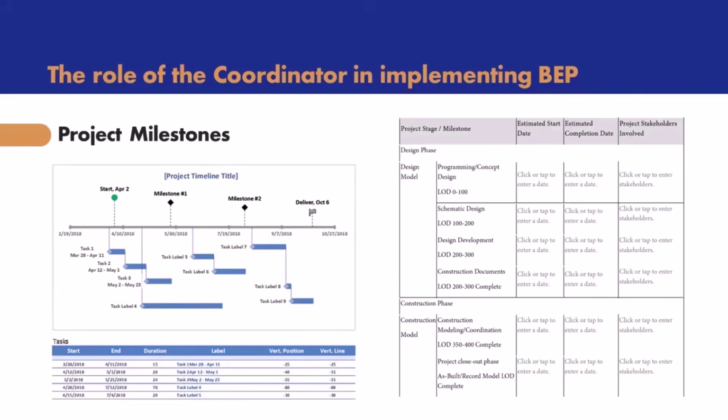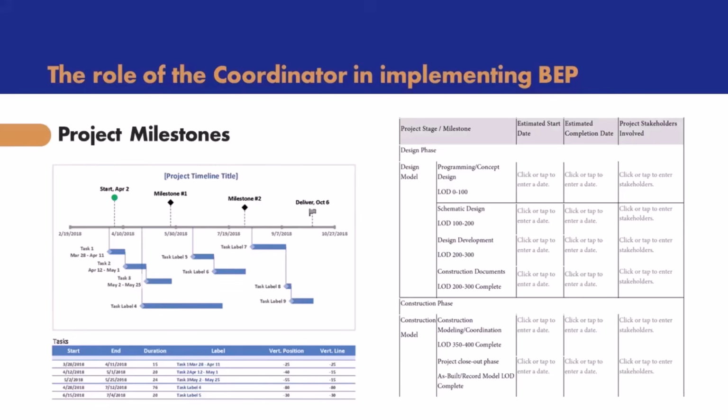Well, the role of the coordinator in implementing BEP is like that we have to change a chapter in BEP. For example, one day we have to get an output from something and then deliver it to our client. And when our client delivers the output as a PDF file, after that we can get the comments and opinions. We can see where the problem is and fix them, and then get a final output, which is a CAD, and deliver it to the client.